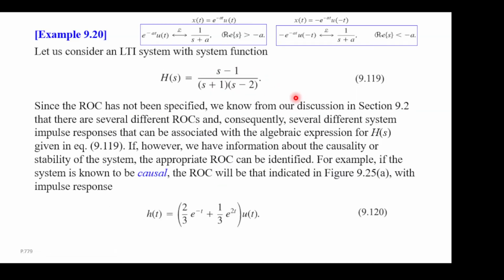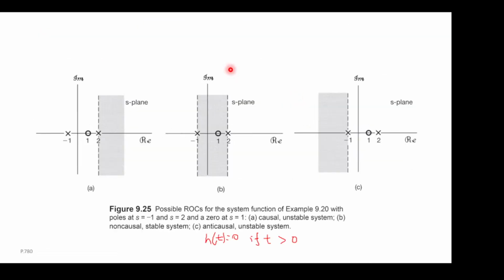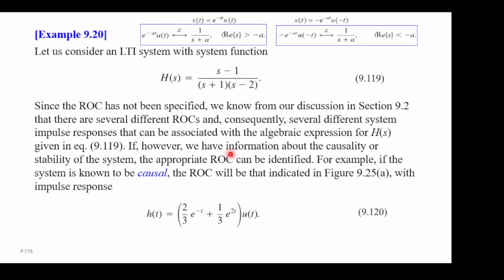Obviously it has a zero at 1 and 2 poles at plus 2 and minus 1. Because it has two poles at minus 1 and 2, there are three possible ROCs: to the right-hand side, the middle part, and the left-hand side.